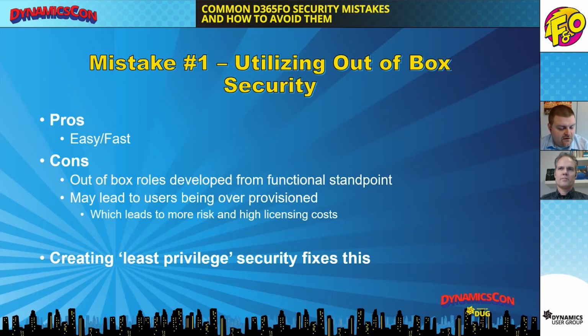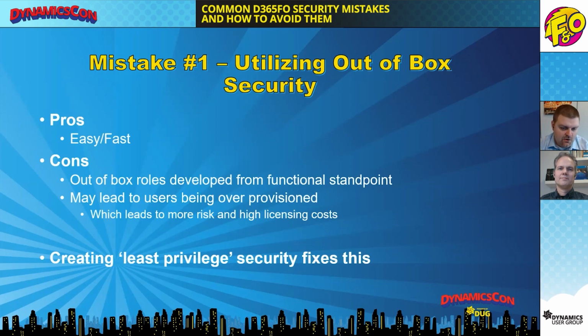The downside of that process is the fact that a lot of the out-of-the-box roles have been developed from a functional standpoint. Microsoft likes to show off all the bells and whistles of different areas, and they may not always be done from a security, compliance, and audit perspective. So you may be incidentally over-provisioning users' access to a particular system.